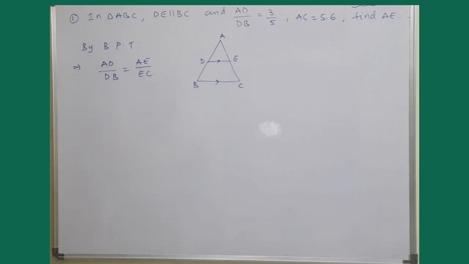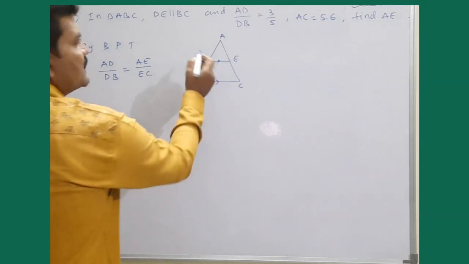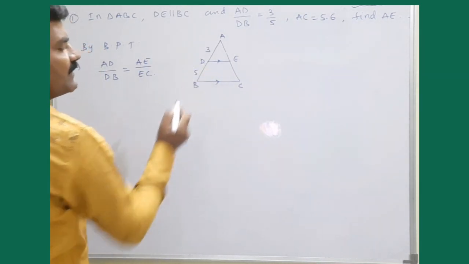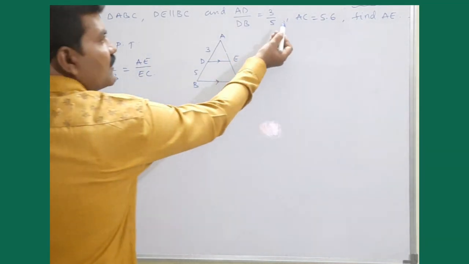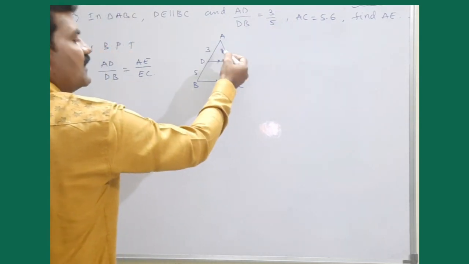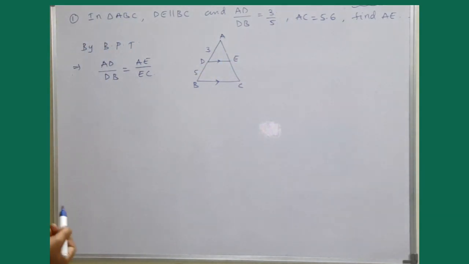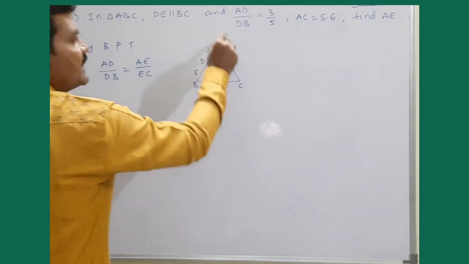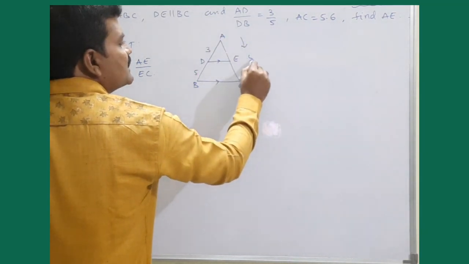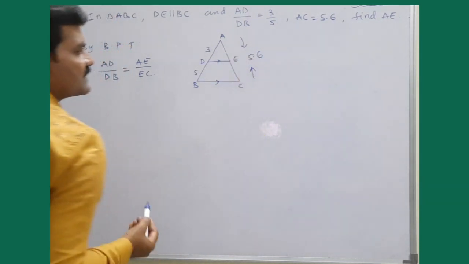Actually, this is the ratio, something like 3K by 5K original lengths. But no problem, we can consider 3 and 5. And also given that the entire length AC is 5.6.